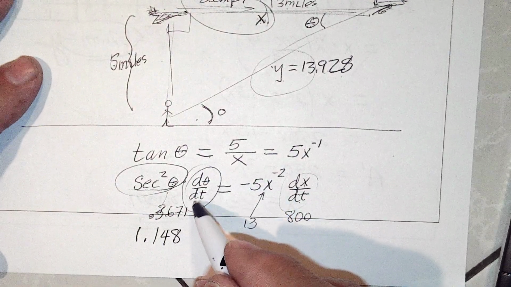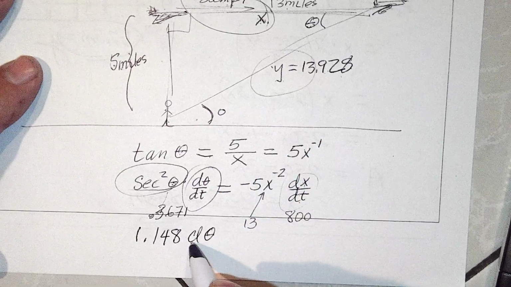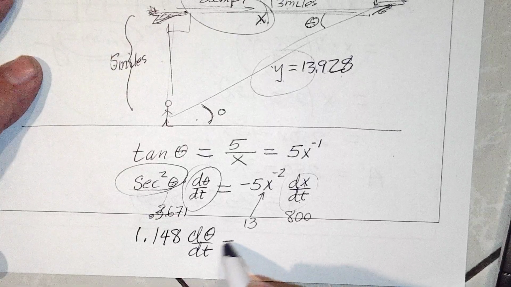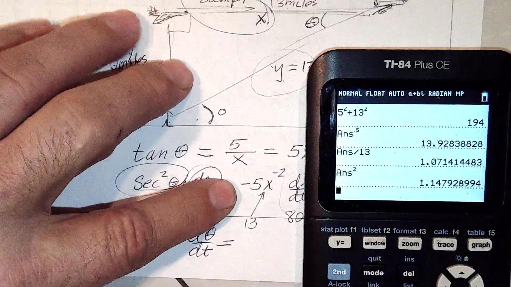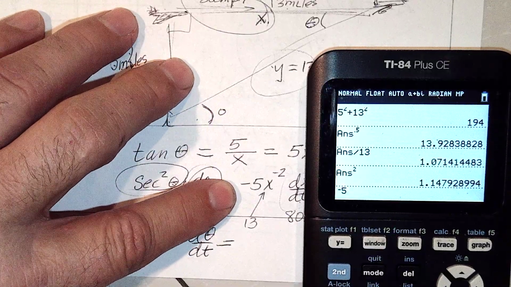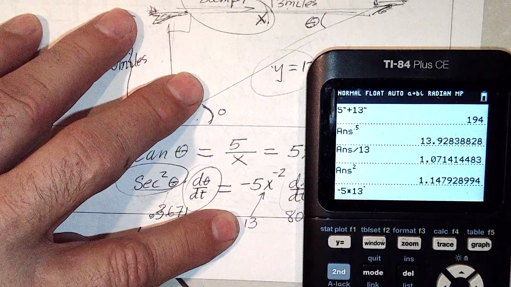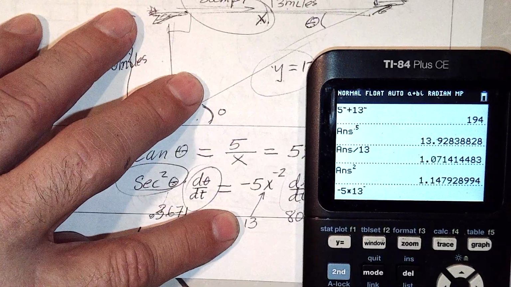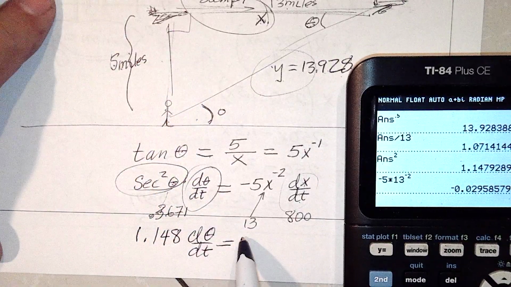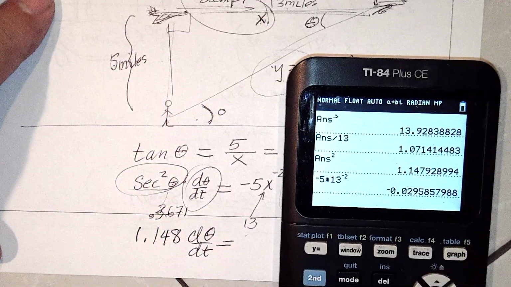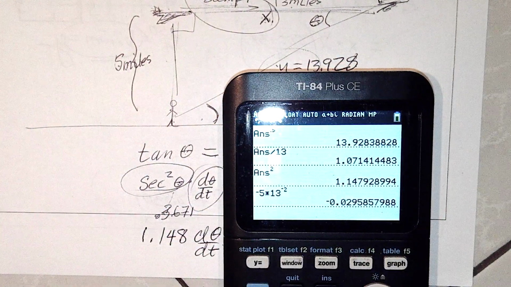times what I want, how fast the angle of elevation changes, d theta dt, equals, and this is -5 times 13 to the -2, which is that number. And I got to take it times 800.